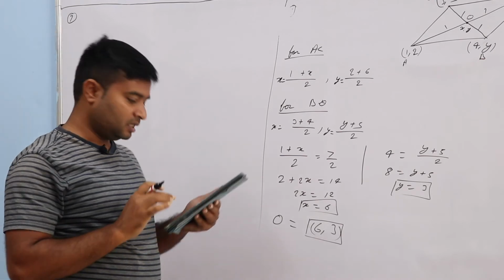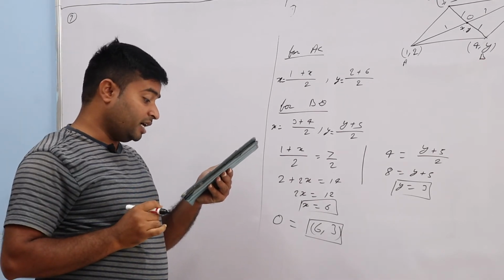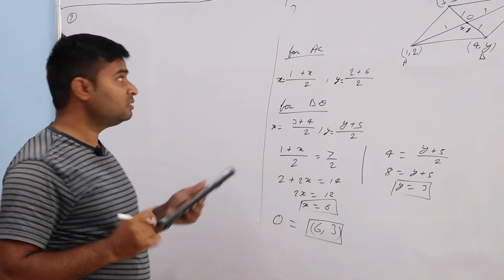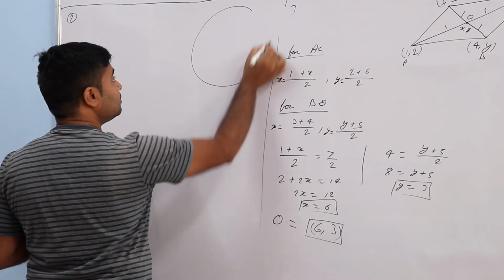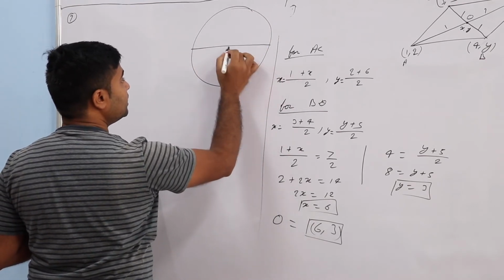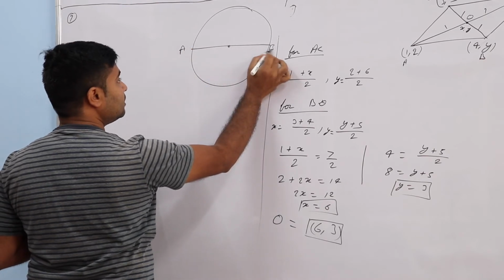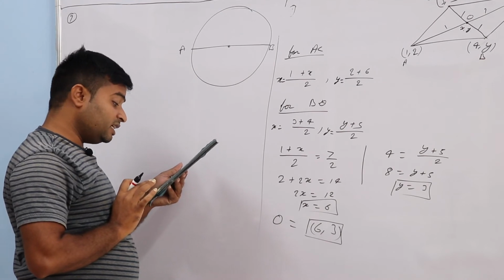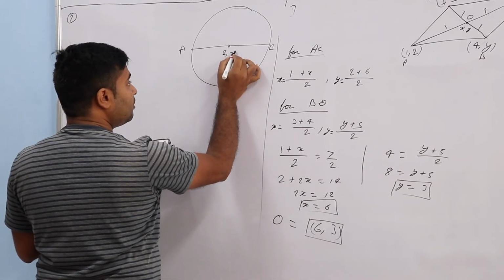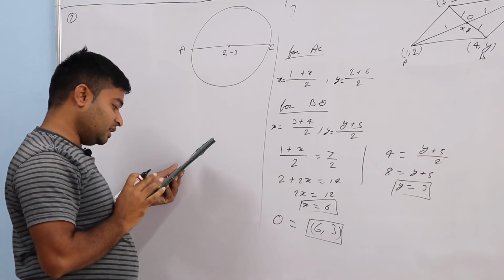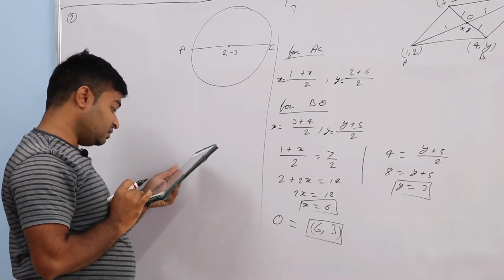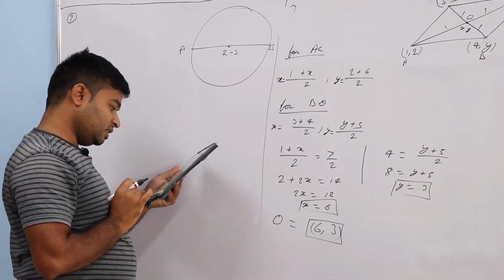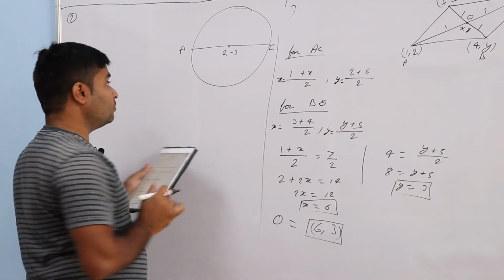Question number 7 says find the coordinate of point A, where AB is the diameter of a circle whose center is 2 comma minus 3, and B is 1 comma 4.